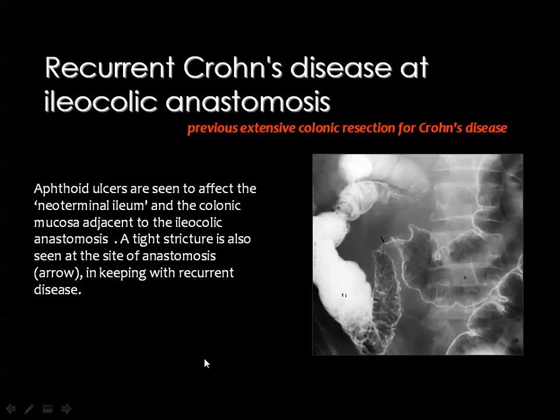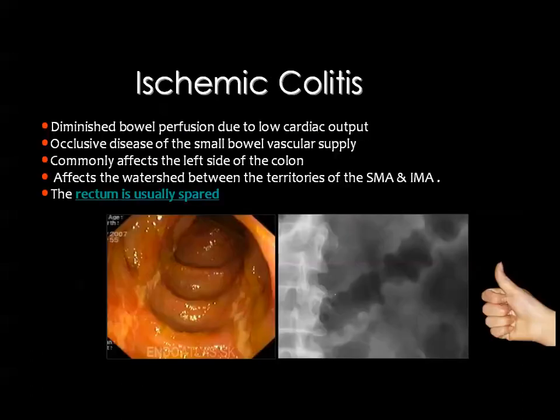This patient had an ileal transverse anastomosis following excision of the small and part of the large bowel for the treatment of Crohn's disease. At the site of the anastomosis, you see marked luminal narrowing and mucosal irregularity, suggesting that the disease has recurred at the site of the anastomosis.